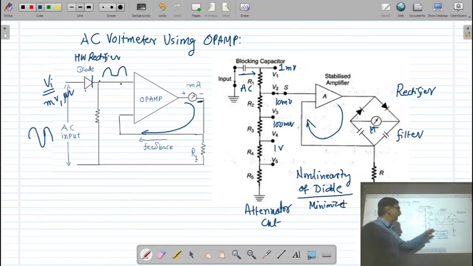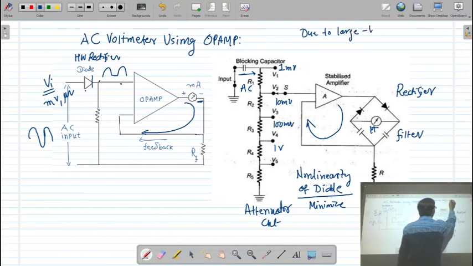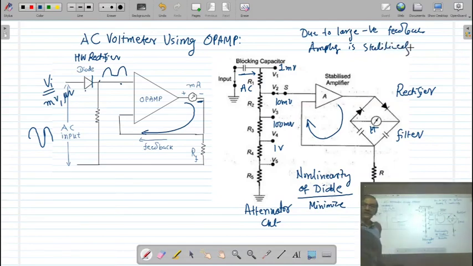But since this is a kind of negative feedback, and a huge amount of feedback is there, the gain will be small. Remember, here the gain of the amplifier is going to be small, and therefore, due to the large negative feedback, the amplifier is stabilized. We know that if the gain is small, then it is more stable.